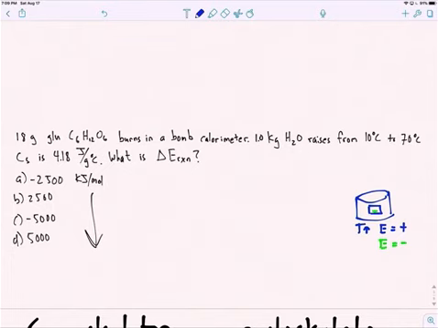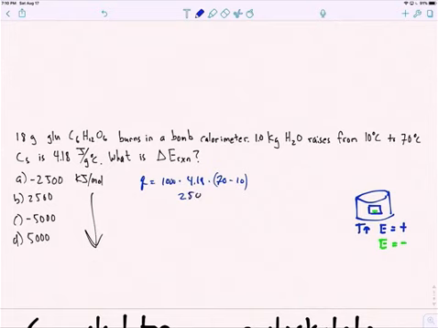Okay, so the heat flow is negative, so you can discount B and D. And we have 1 kilogram of water, so our heat flow is 1,000 times 4.18 times 70 minus 10, so that's 60.